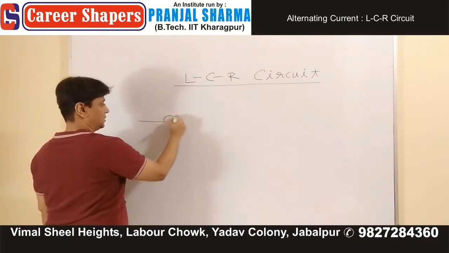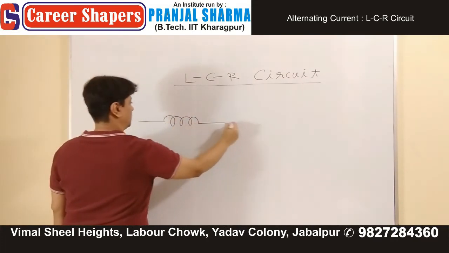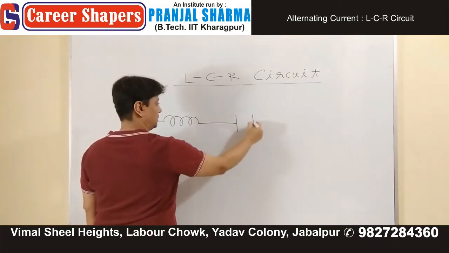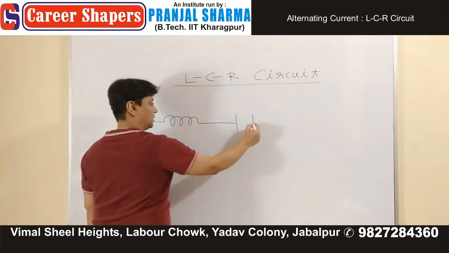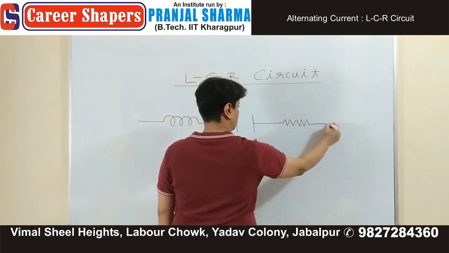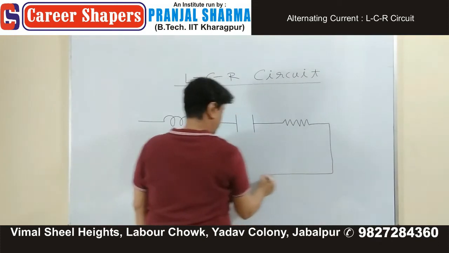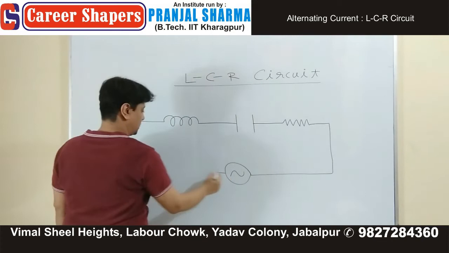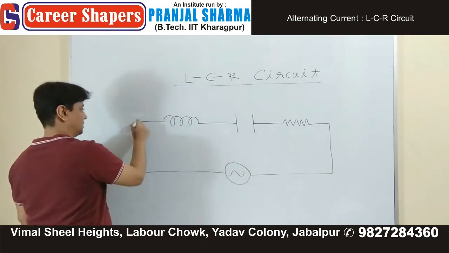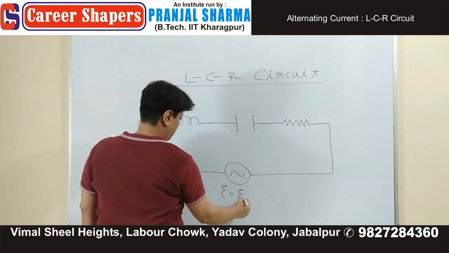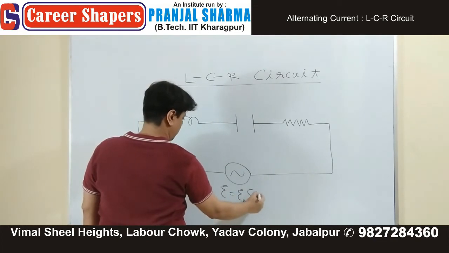L, C and R. Everything is present in an alternating circuit. So this is your E equals to E naught sine omega t.